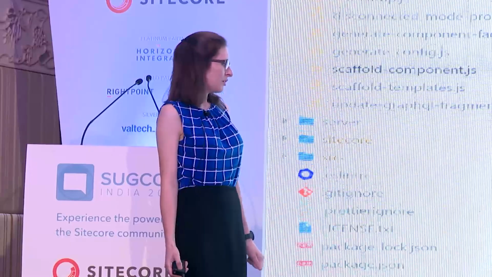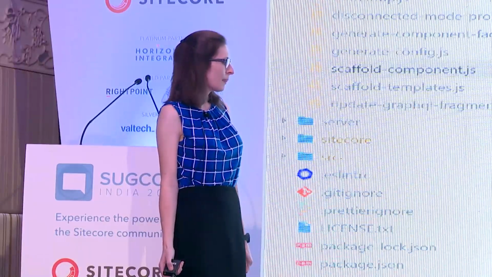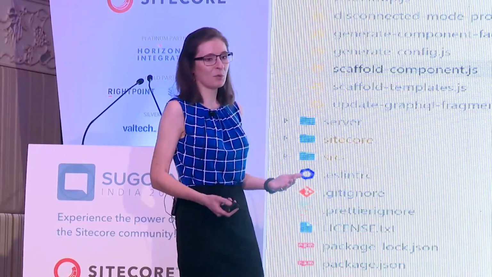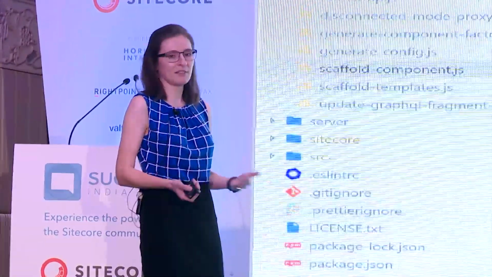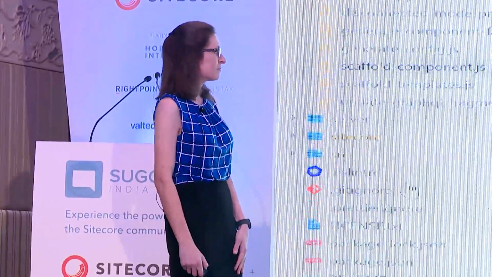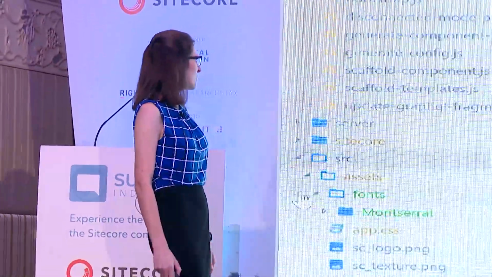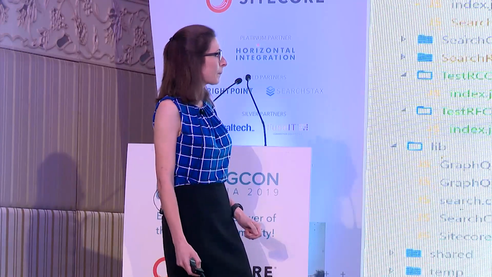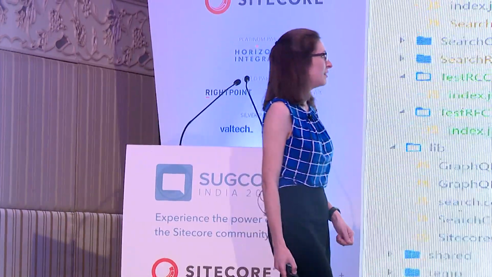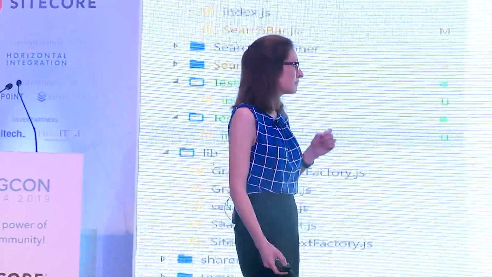And I'll show you what they look like side by side. So if you're not happy with what the out-of-the-box components look like, it's a very easy customization to make. Yeah, so here they are side by side, and one is a class and one is a function.